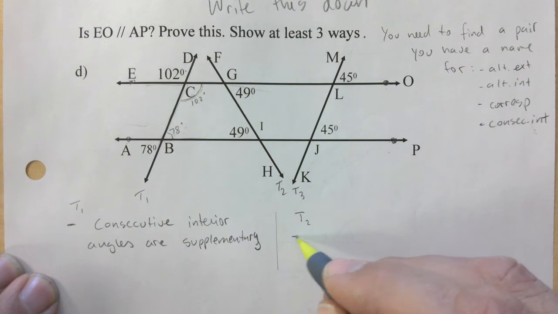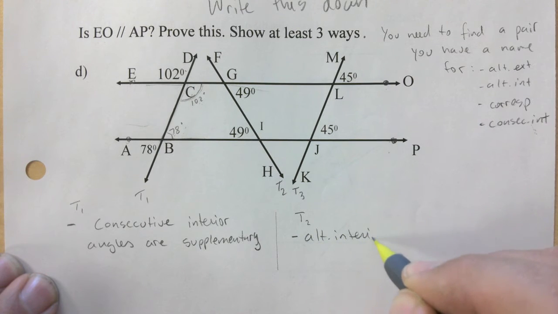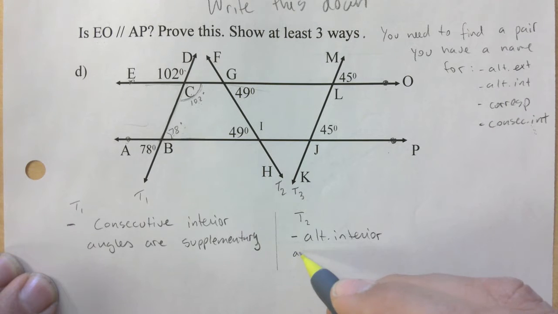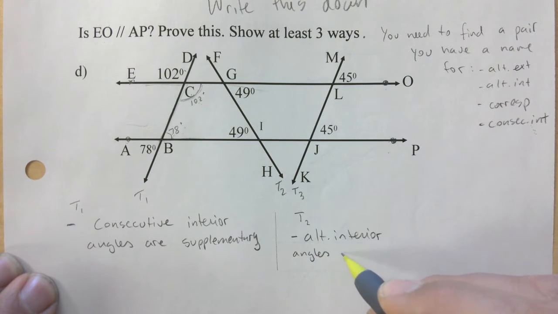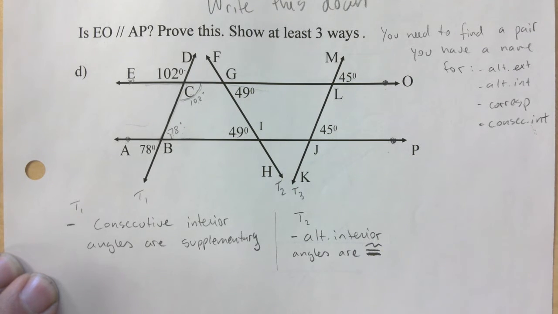Alternate interior angles are congruent. I put an equal sign with that. Done.